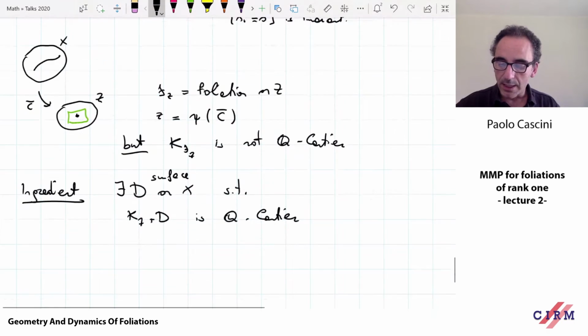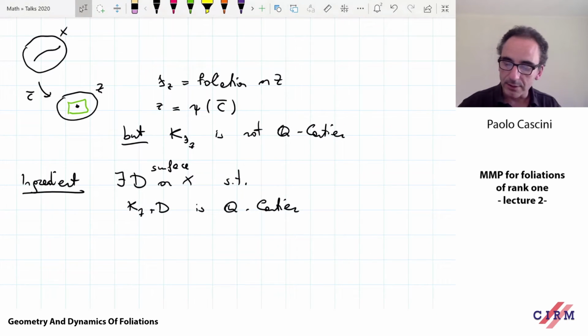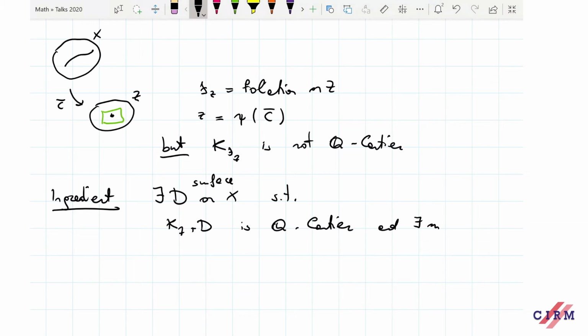This is easy. But what is important is that there exists a positive integer M such that M times (K_F plus D) is equivalent to 0 in a neighborhood of C.